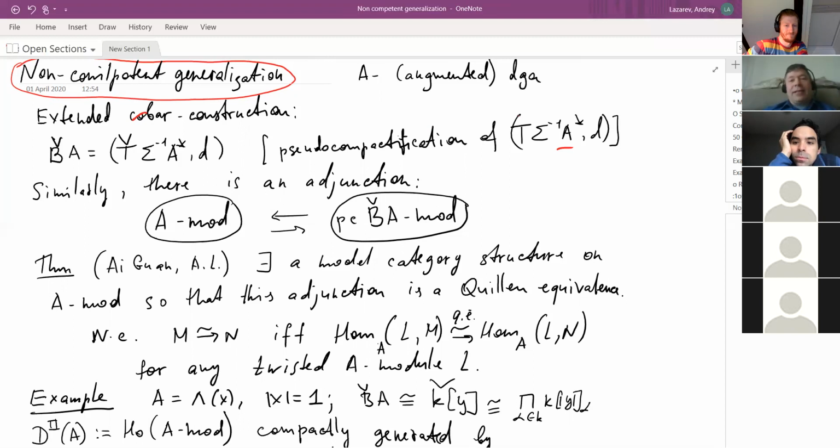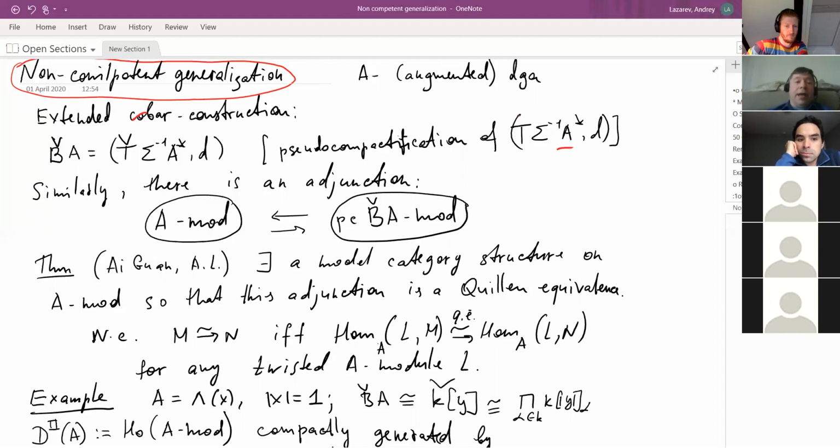Suppose that the differential is well defined. It's actually well defined if A is finite dimensional. If A is not finite dimensional, then you have to work a little bit harder, okay? But then what you do is you just pseudo-compactify it rather than complete it at the natural maximal ideal. You complete it everywhere, okay? And you call it the extended bar construction of A.